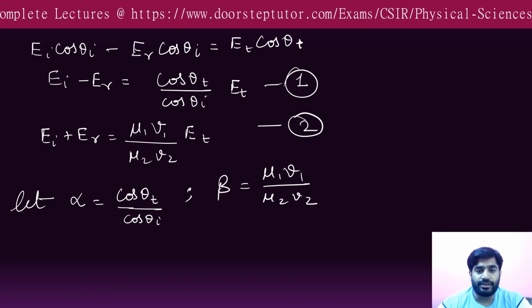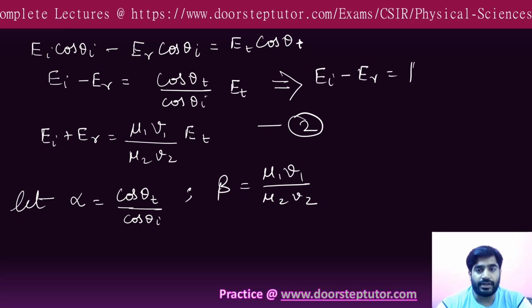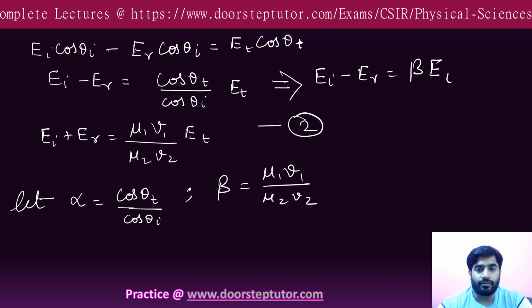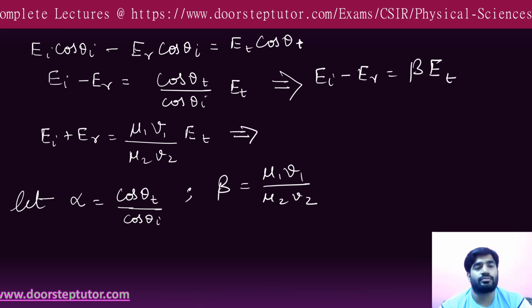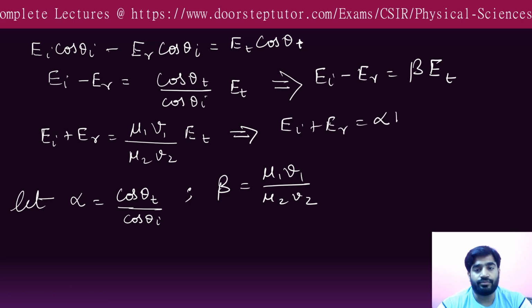So by using this, equation 1 becomes EI minus ER equals beta ET. Fine. And equation 2 becomes EI plus ER equals alpha ET.